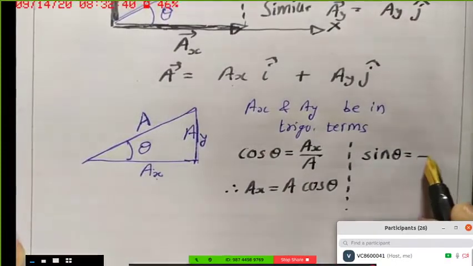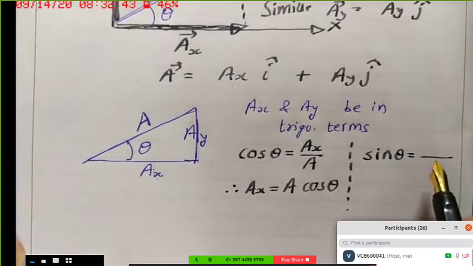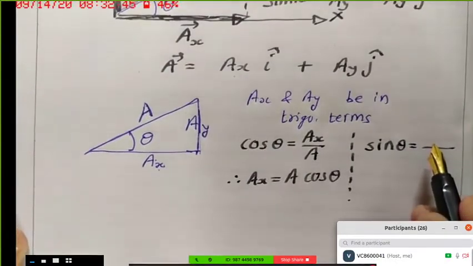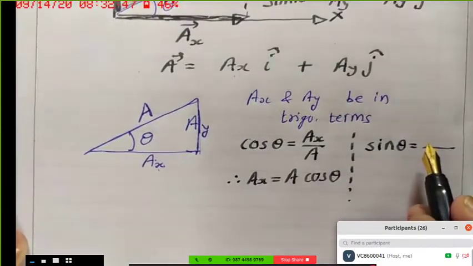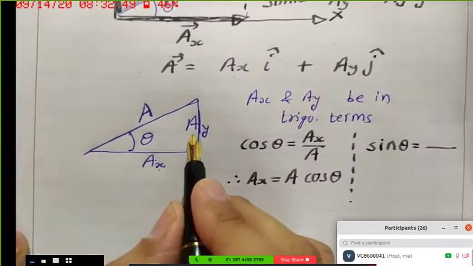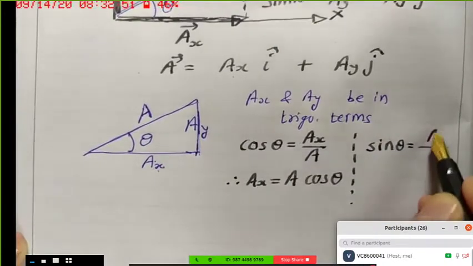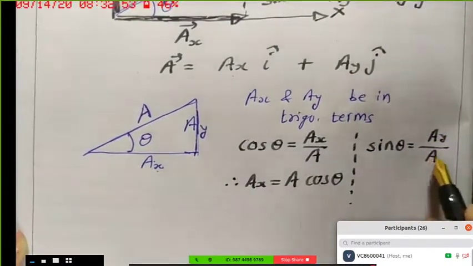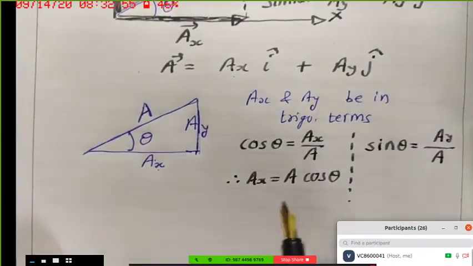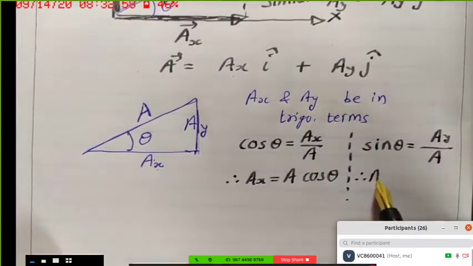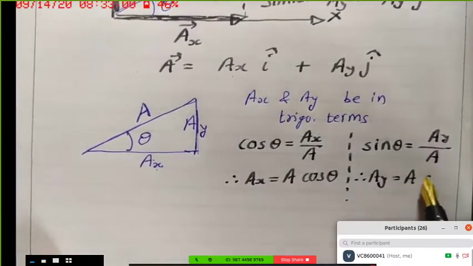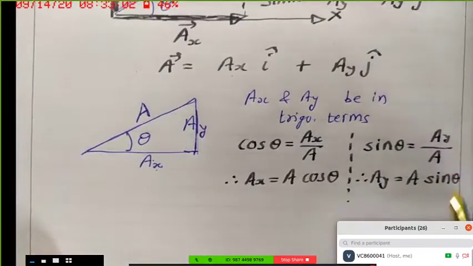Again, it's a ratio of two sides. Which two sides? Opposite upon hypotenuse. What is opposite here? AY upon A. So therefore AY equal to A sin theta.